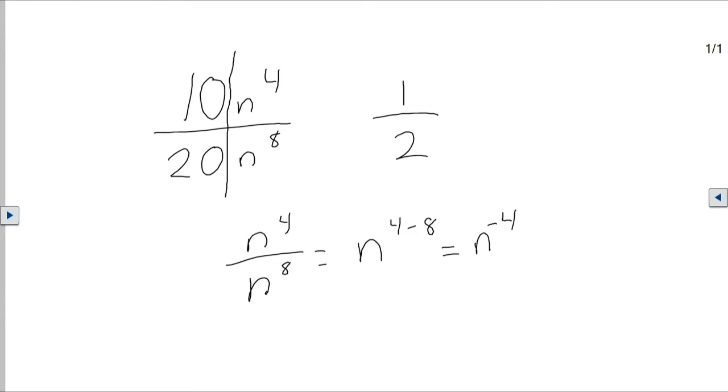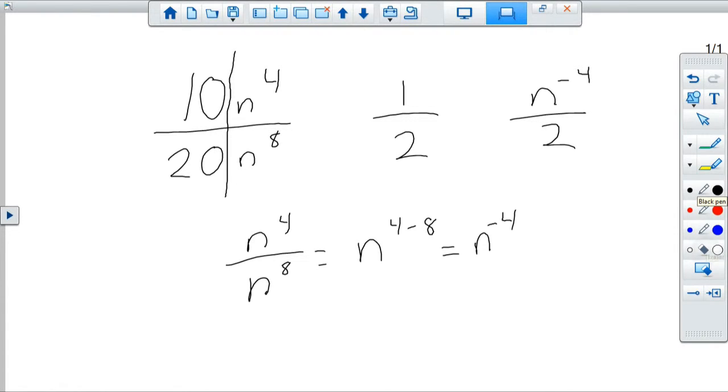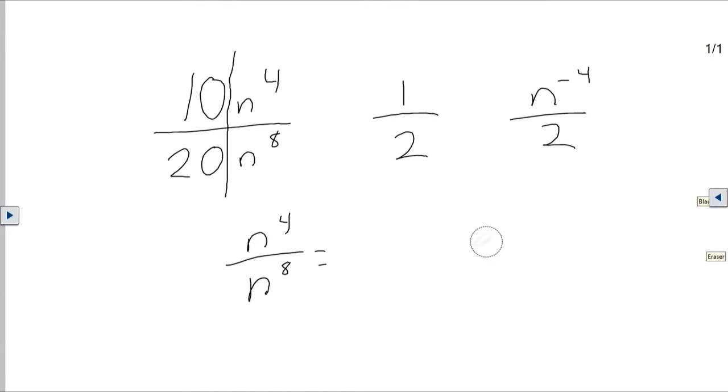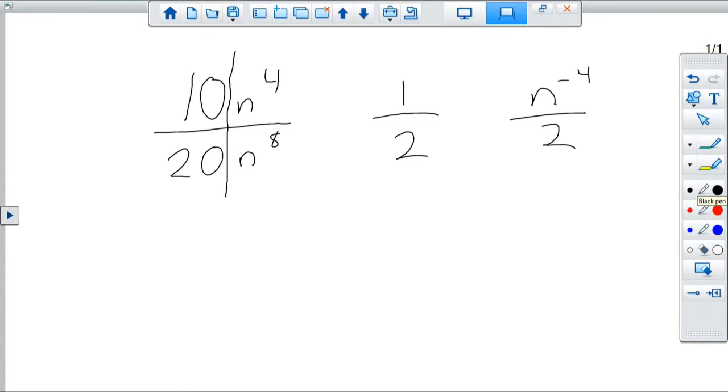If I put those together, I end up with 1n to the negative 4th, or more simply, n to the negative 4th over 2. Well, again, my stipulation is I don't want to have negative exponents. I only want positive exponents. So we've got to think about what I do to get rid of my negative exponent. We go back to that rule for negative exponents.